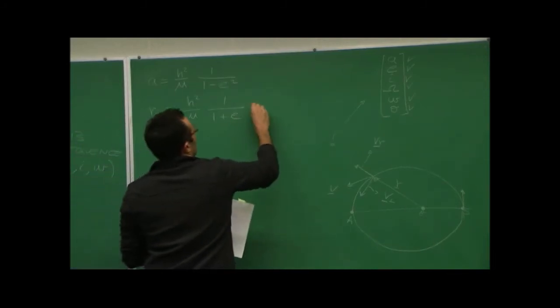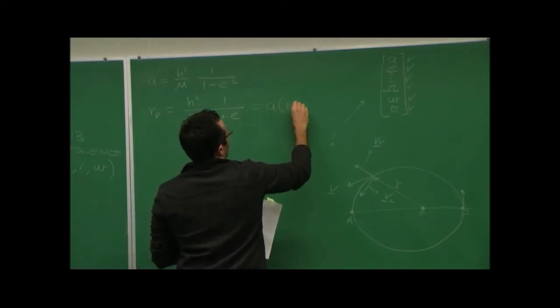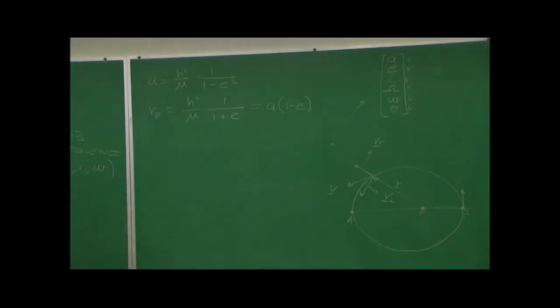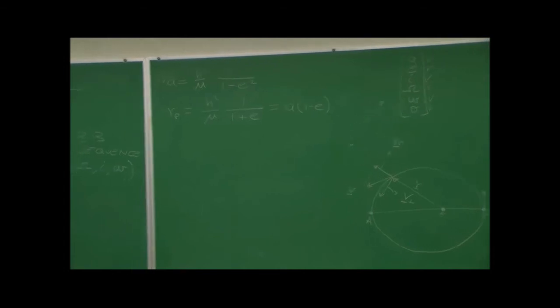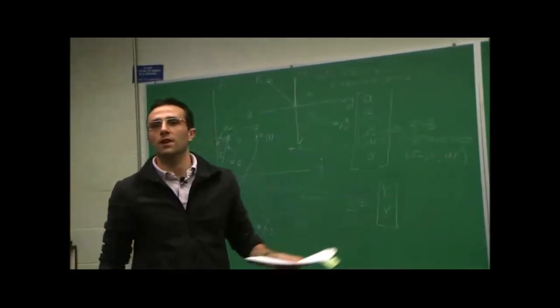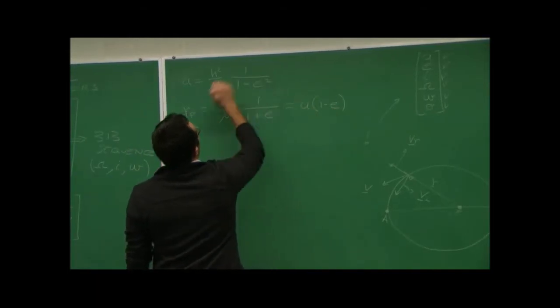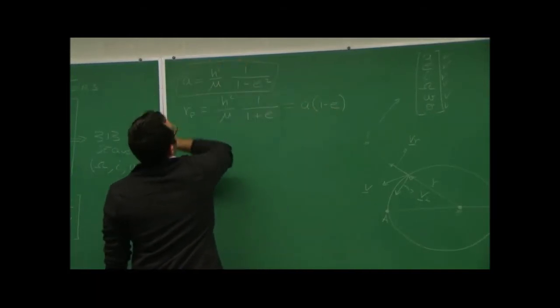But I also remember that at some point we computed this, right? So it's one of those million equations that you can find in the book. And so invert, just divide by 1 minus E, and that's what you get. So that's your step number 6 if you want.